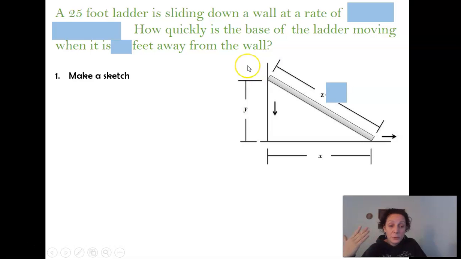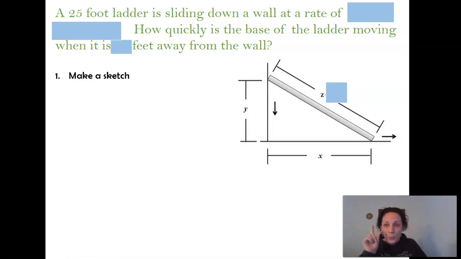Is it falling at 1 foot per second, 1 foot per minute? What's it doing? Right? And the rate at which it's moving out. Now you might be thinking, as I'm inclined to think incorrectly, wouldn't these two rates be the same? No, they're not. They are not indeed, and you will see how that flushes out in the math.